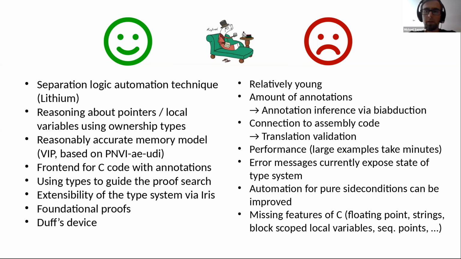The first one is block scope local variables: if you have a variable in a block and you do a goto inside that block or out of it, that has some weird semantics in C which is not captured. The second is sequence points, which are not implemented in RefinedC.